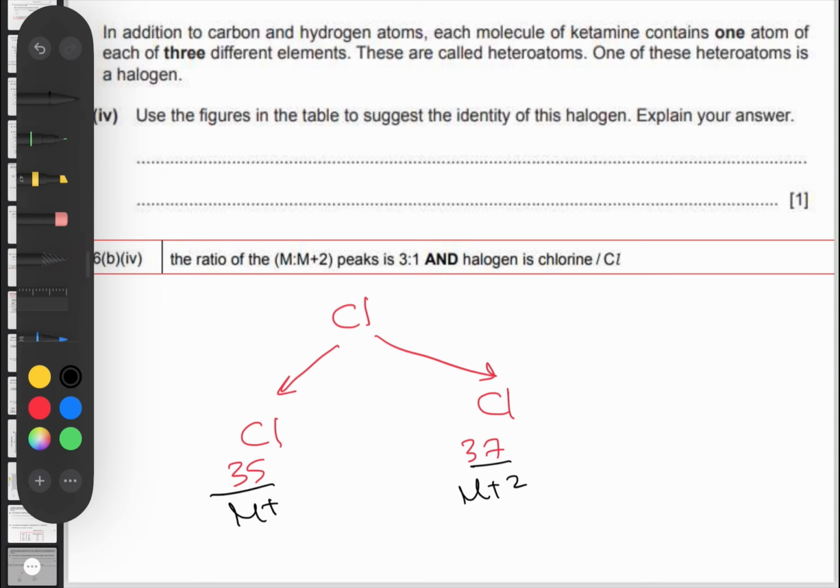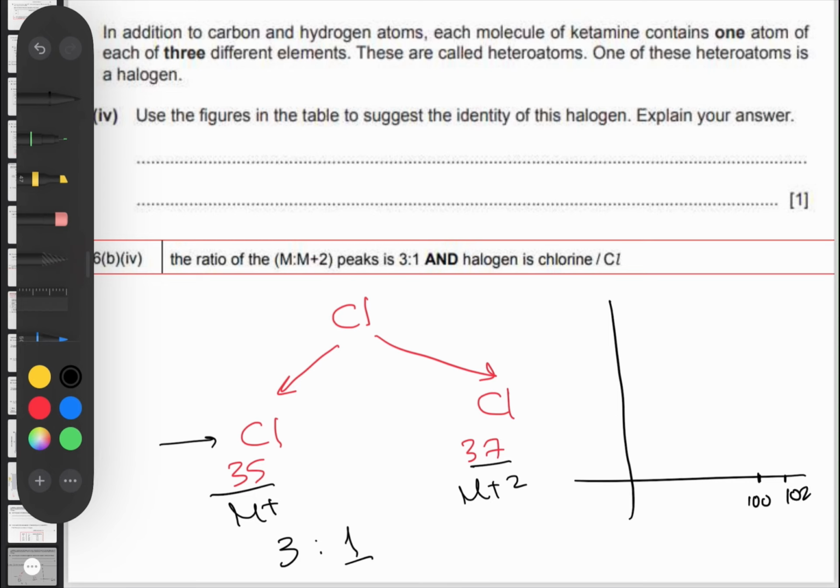But what about their heights, their ratios, their relative abundances? Put in your mind, chlorine 35 is 3 to 1 in height. Let's say, for a random compound, you have 100 here and this one is going to be 102, in which you have M and M plus 2.